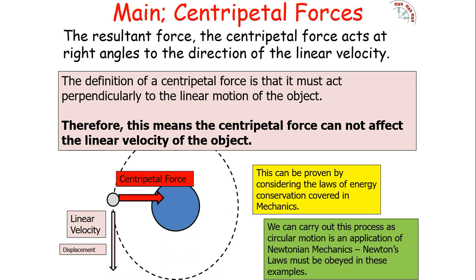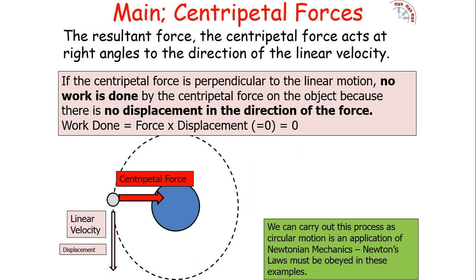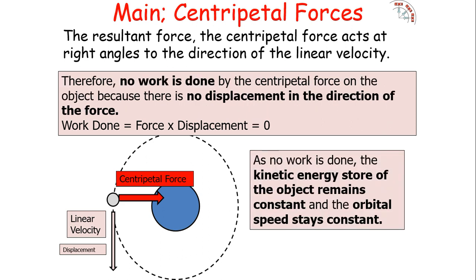This is proven by considering the laws of energy conservation, because we know that work done equals force times displacement in the direction of the force. In this situation, the object is not displaced at all in the direction of the centripetal force. It's in fact moving perpendicular to the direction of the force. So displacement equals 0 because it's traveling in a different direction, so the work done is equal to 0.